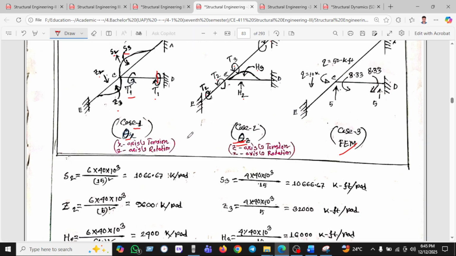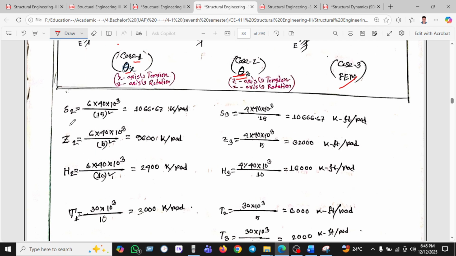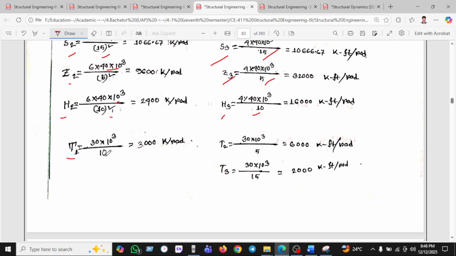After this we put in all these values as 6EI by L square. So Z2 will be 6EI by L square, H2 is also 6EI by L square, and S3 equals 4EI by L, Z3 is 4EI by L, H3 is 8EI by L, and T1.